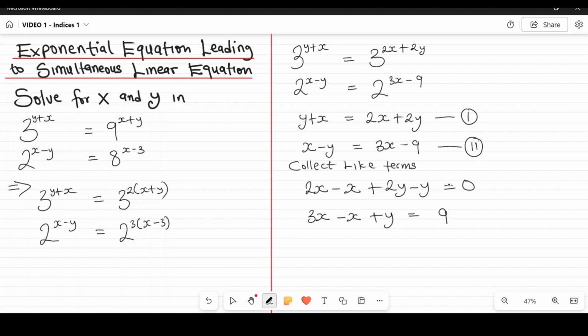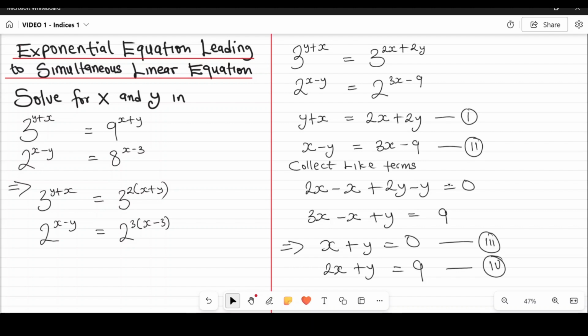If we simplify this, we have x plus y equal to 0, and 2x plus y equal to 9. Call this one equation 3 and call this one equation 4. Now we have equation 3 and equation 4.